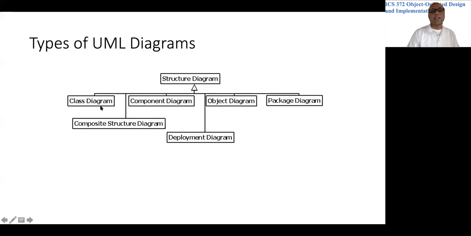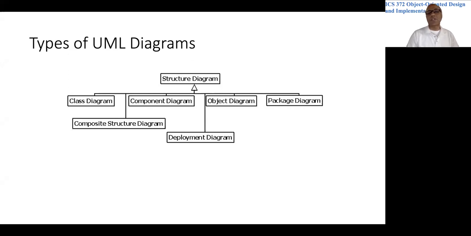What are they? The class diagram shows what a class looks like. What are the fields, what are the methods, what are the relationships between classes, and so on. Object diagram shows the status of the system at a given point in time.